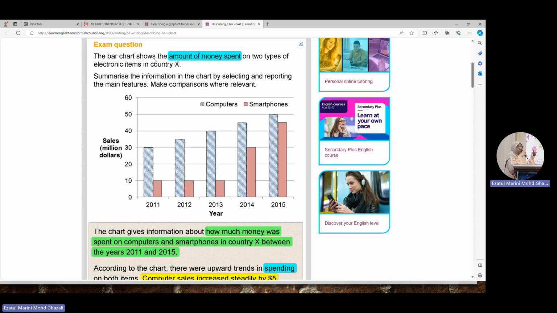Okay, the bar graph shows the amount of money spent on two types of electronic items in country X. Country X, amount of money, sales, $1,000,000, two types of electronic items, that is computers and smartphones, right?